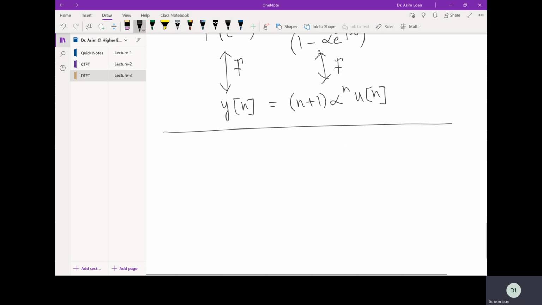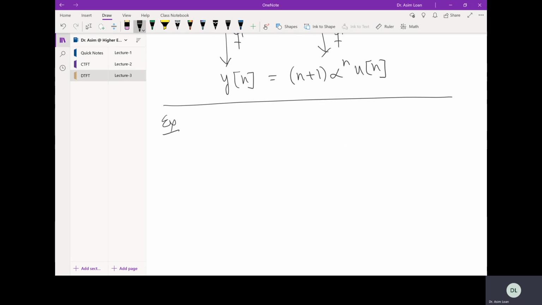How about another example? So this is a system model.